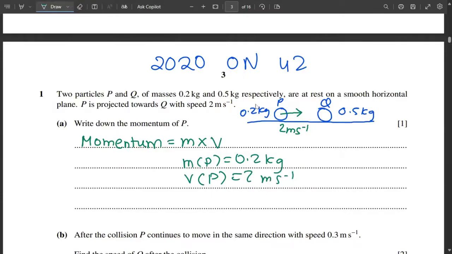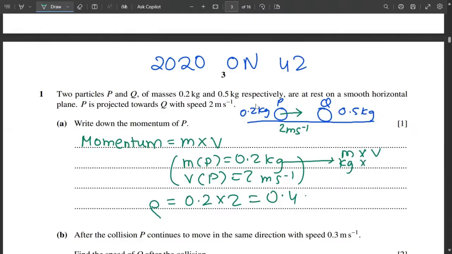So the momentum, denoted by rho, is equal to 0.2 into 2, which is 0.4. And now we'll have to include the units. Mass is in kg and velocity is in meter per second, so the units are kg meter per second.